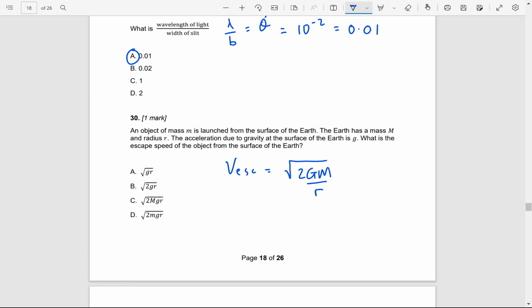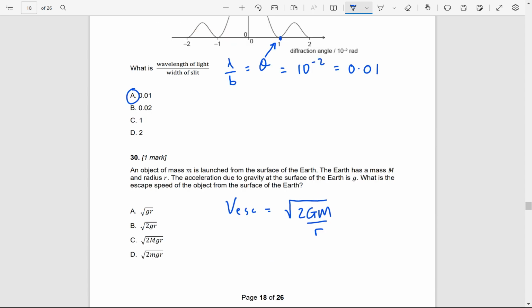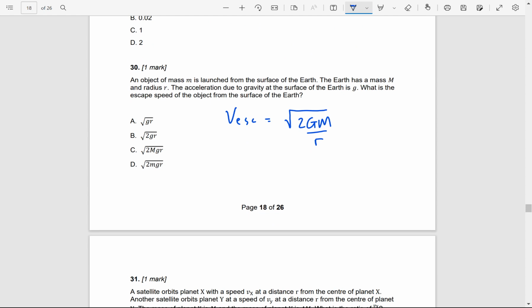Let's see what we can plug in. If we're looking for the escape speed, that is the answer. But if we look in the answers, we're missing the capital G, so we have to substitute something in for the capital G.